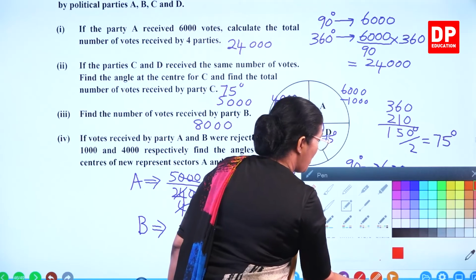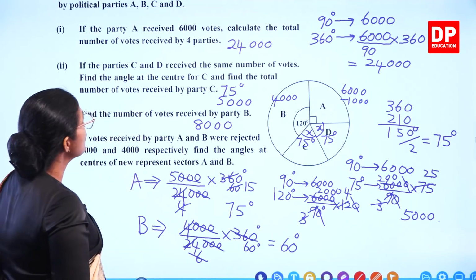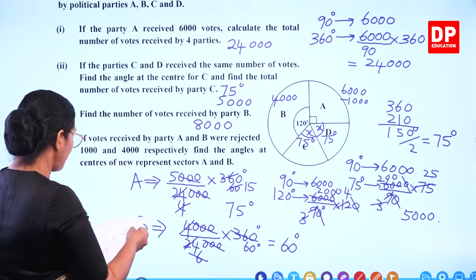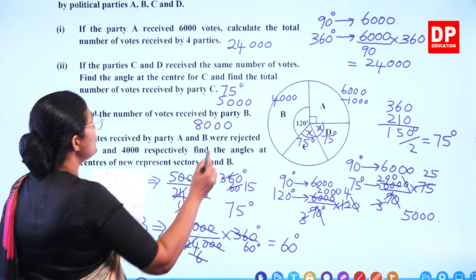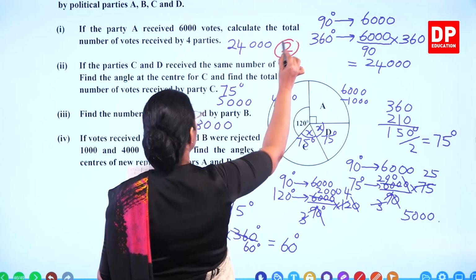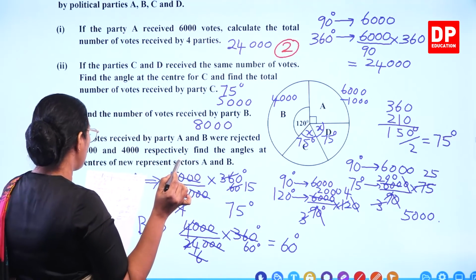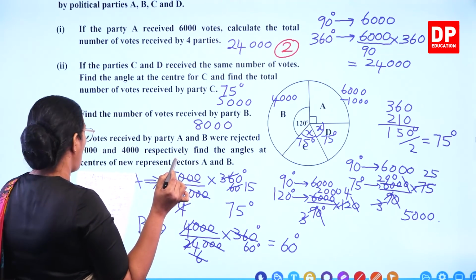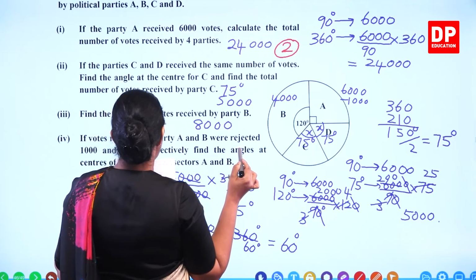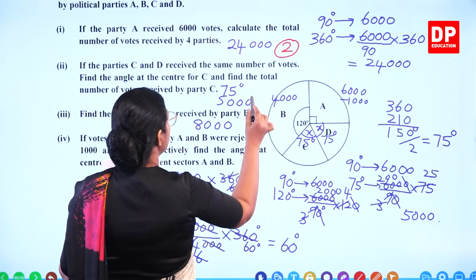Let's see how many marks for the whole question. You get 2 marks for this part. And for 75 and 5,000 you get 3 marks.